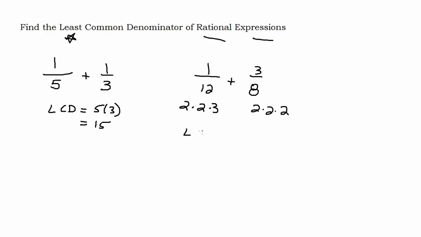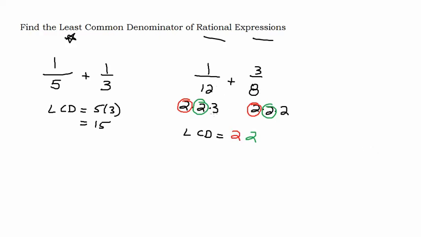So when you're finding the least common denominator, what you want to do is look at these factors and see what they have in common. All right, so they both have this 2 right here. So I'm going to pair those up and make a factor of 2 in my least common denominator. And then look at that. There's another 2. Okay, so I'm going to put another 2 in my least common denominator. Now, they don't have anything else in common.